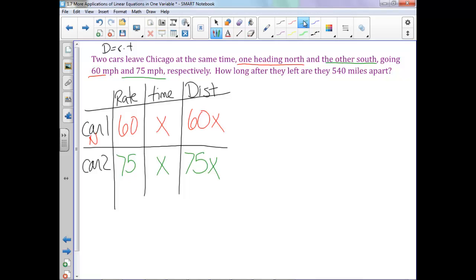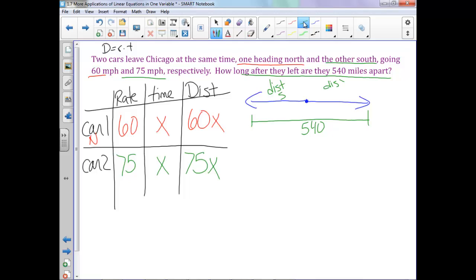Now, before we get to an equation, let's think about this. They both started here. We had one car go this way, one car go this way. We want to know when they were 540 miles apart. Notice this is the distance that the south car went, and this is the distance that the north car went.